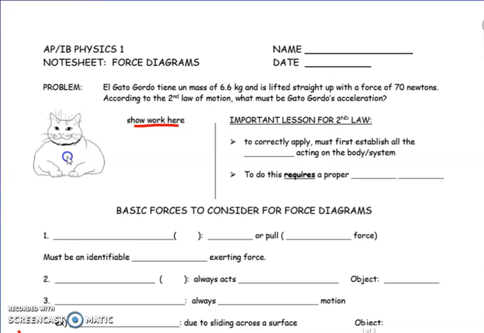So here's what I'm anticipating many of you did. I could be wrong, I apologize if I am. You said, okay, a is F net over m. That's the second law. You put in 70 newtons for the force, you put in 6.6 kilograms for the mass and got 10.6 for the acceleration.